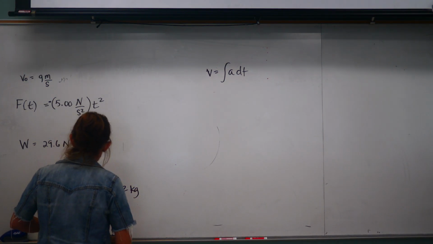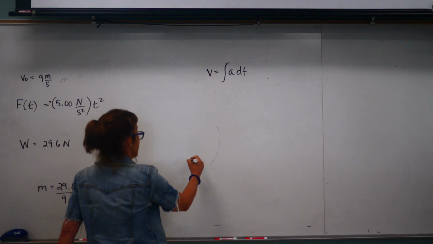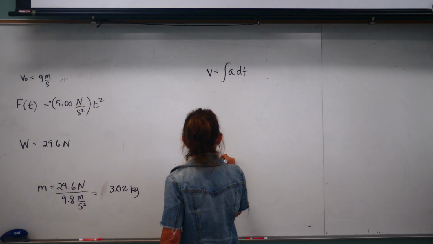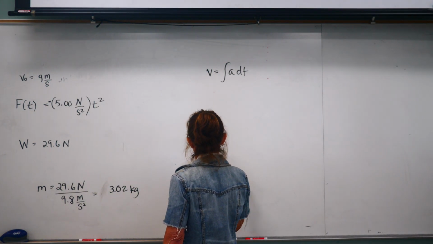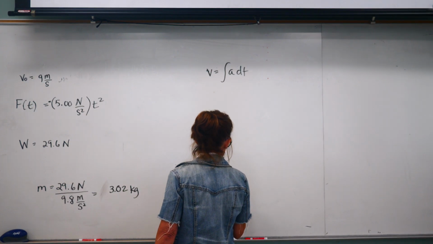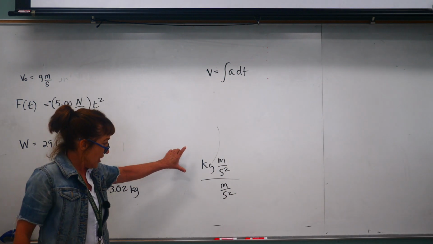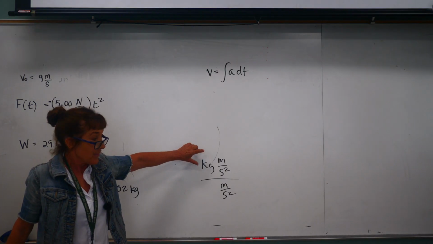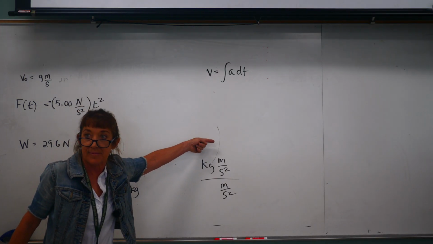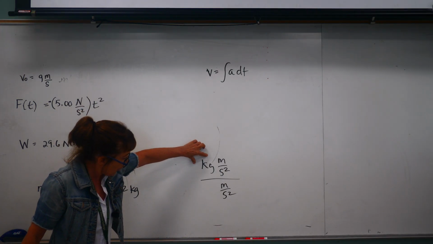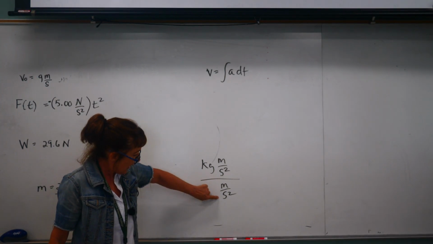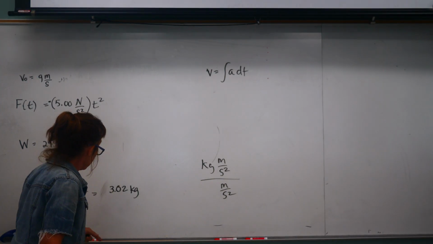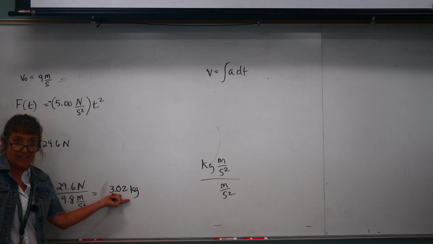kgs, right? Because a newton is a kg meter over second squared, divided by a meter over second squared. We know the units of newtons is MA, mass times acceleration, right? So we have a kilogram meter over second squared, divided by a meter over second squared. So we do indeed get the correct units.